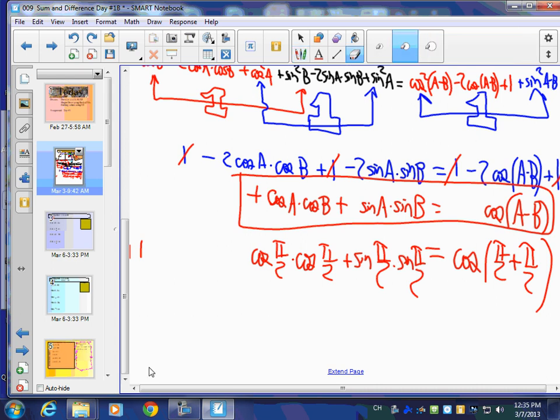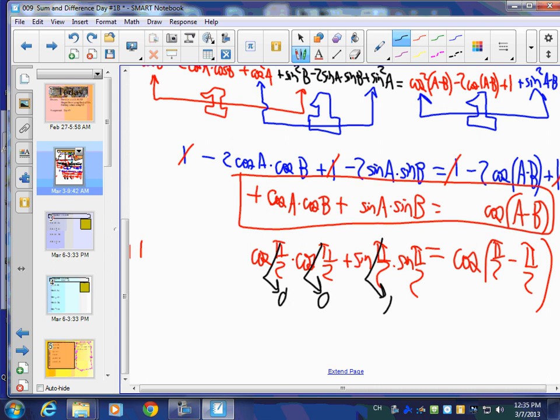Oh, I didn't do a minus before. Yeah, this needs to be a minus because that's what we just did. Okay, so let's figure this out. What's the cosine of pi over 2? 0. What's the sine of pi over 2? 1. So what is 0 plus 1? 1. What's the cosine of pi over 2 minus pi over 2, or the cosine of 0? 1. So this works out.